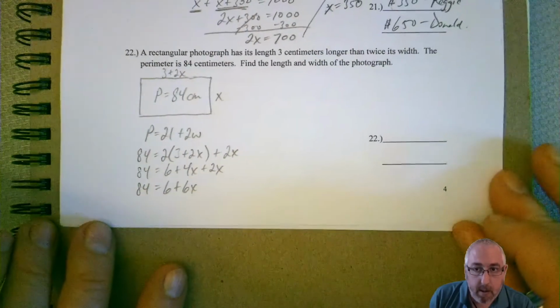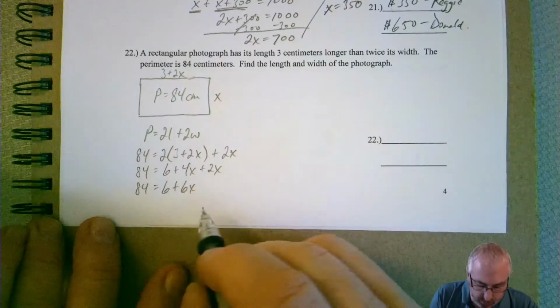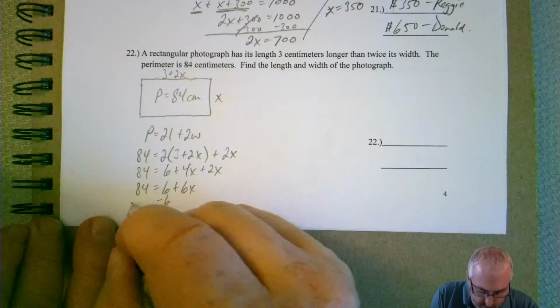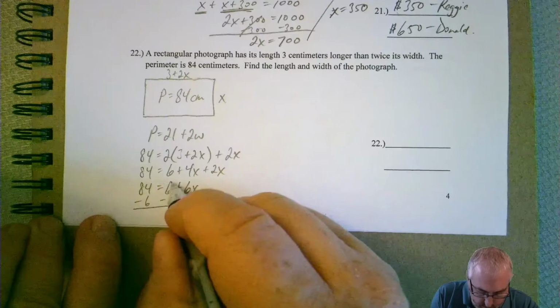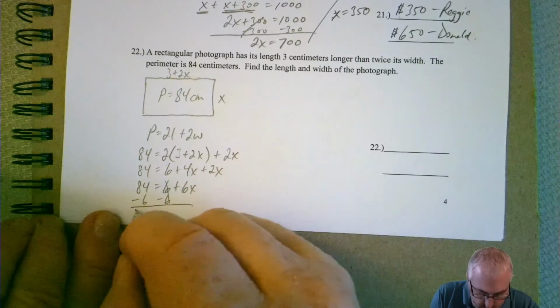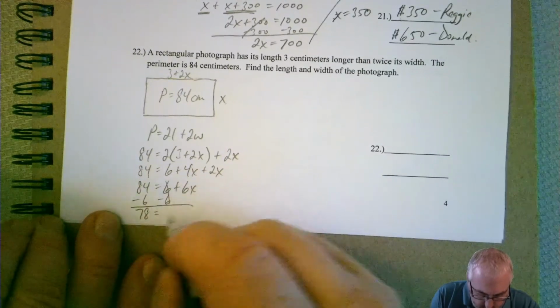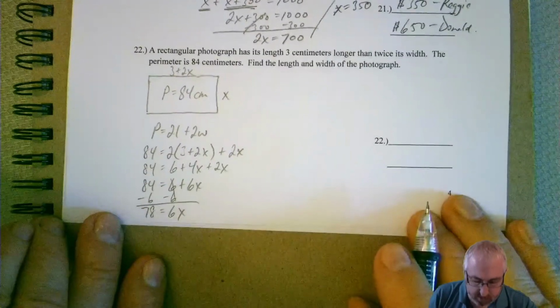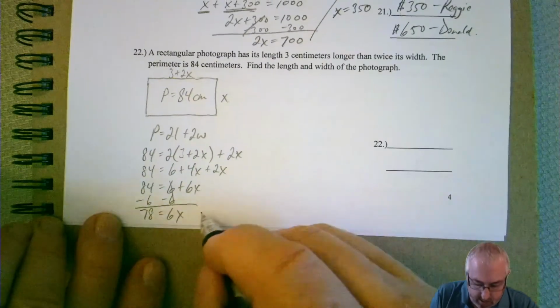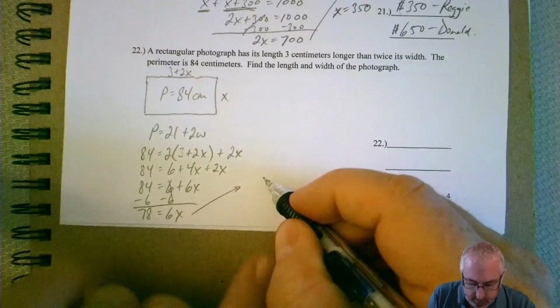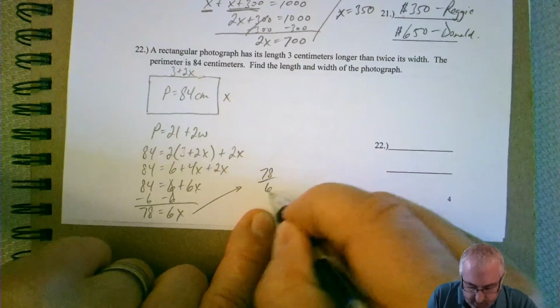And then we can do a little bit of subtracting. So we got 78 equals 6x. And so now we just got to divide both sides by 6.